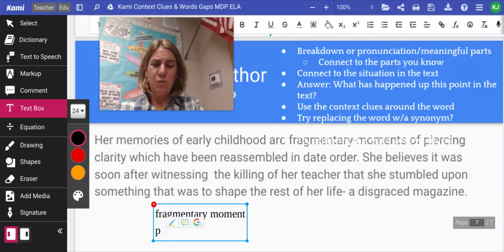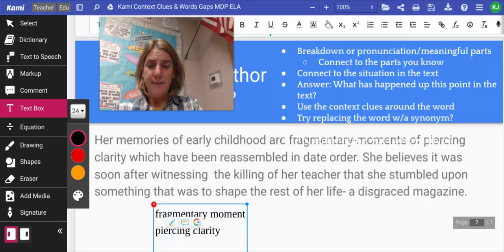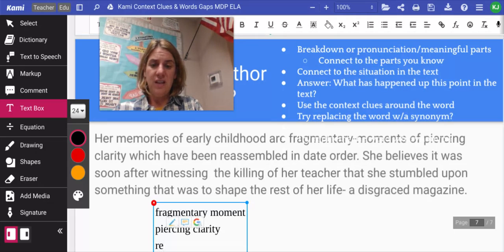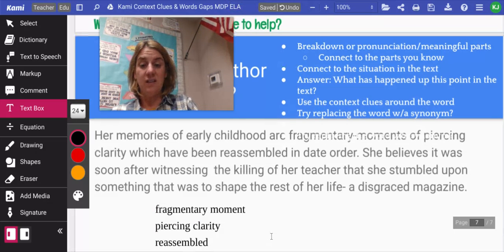I see this word piercing, which I know, but not in this context. They're not talking about somebody getting hurt. And then I also see this word, which has a familiar word inside of it. But I think it's also another long word that's making the sentence a little bit confusing.